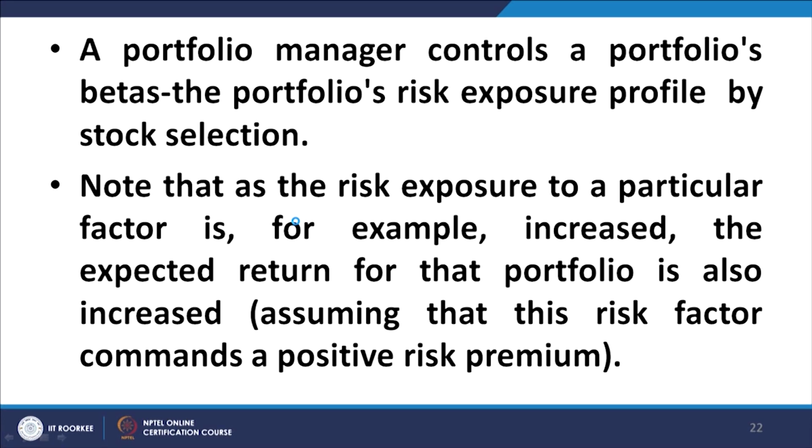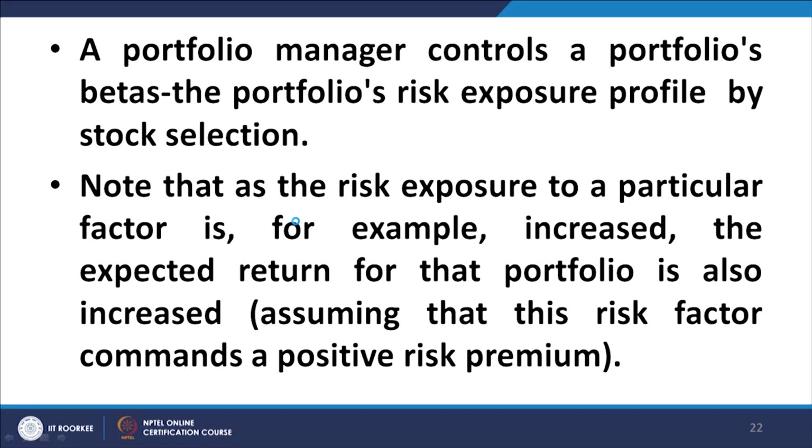Now, a portfolio manager controls a portfolio's betas by choosing the assets or securities that constitute the portfolio. The portfolio manager is able to control the portfolio's betas, the portfolio's risk exposure profile, as we discussed earlier. Now, as the risk exposure to a particular factor is increased, the expected return for that portfolio is also increased, assuming that this risk factor commands a positive risk premium.